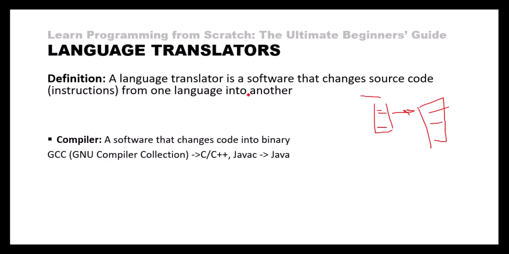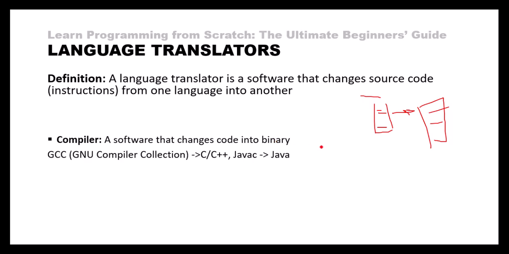The first type of language translator that we're going to look at is called a compiler. A compiler is strictly a software that changes code into binary. It gets source code that you write, whether you write it in Java, C++, or JavaScript, and then changes that source code into binary. Some examples of compilers: we have the GCC compiler in the GNU Compiler Collection, which converts C++ or C code into binary.